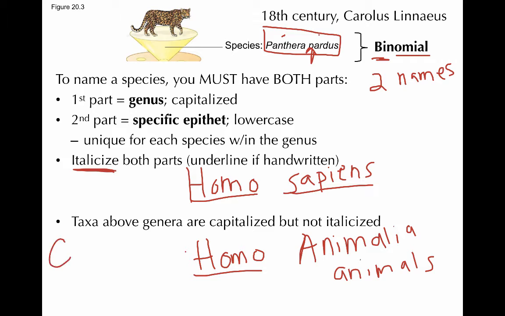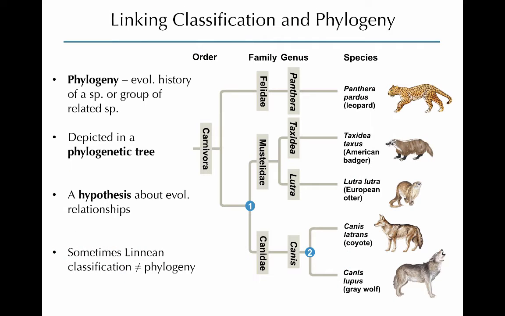So something like Chordata, which is a phylum, is capitalized, and chordates, the generic name, is not. But none of those are underlined. So you do have to write it correctly.